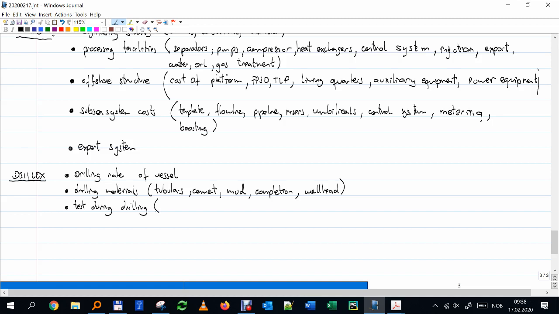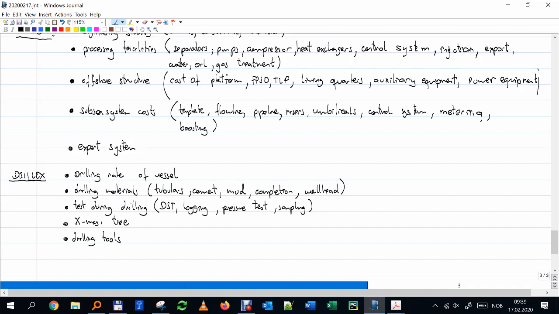I do logging, DST, pressure tests, and sampling. Sometimes I also include the Christmas tree as part of the DrillEx, and then also all kinds of drilling tools that I need for my drilling.